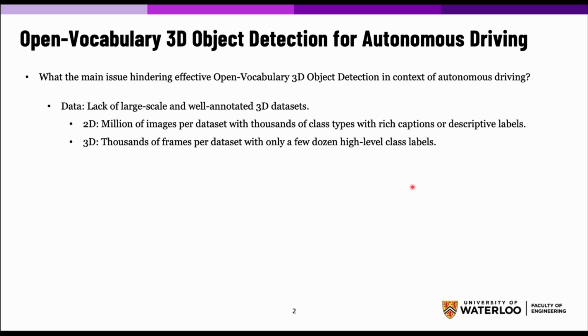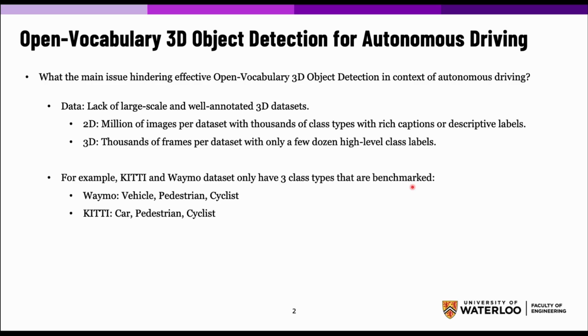In 2D, we have millions of images per dataset with rich captions and descriptive labels. But unfortunately, in 3D, each dataset may have thousands of samples with only maybe a dozen or so classes. An example of that is the KITTI and Waymo datasets, which are popular autonomous driving datasets. Each of these only evaluates on 3 classes. In Waymo, it's vehicle, pedestrian, cyclist, and in KITTI, it's car, pedestrian, cyclist.